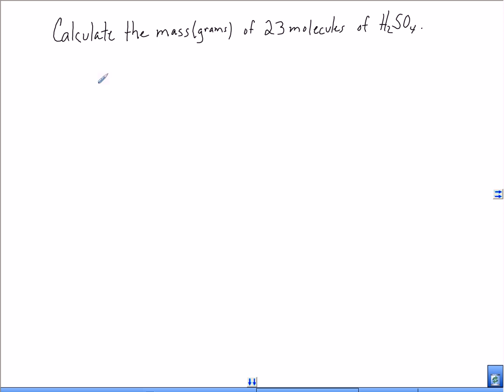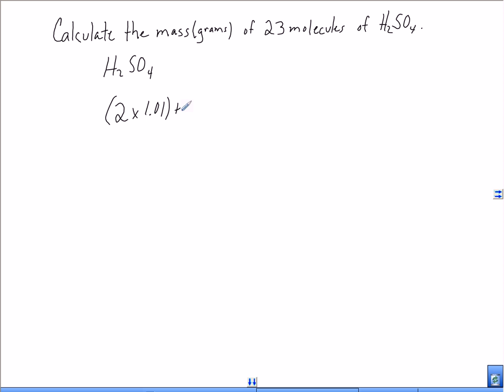Alright, so when we look at H2SO4, we notice, first off, there are no parentheses, so we don't have to worry about doubling up anything or tripling up anything. We see there's two hydrogens, and when I look on the periodic table, I see that each hydrogen is 1.01 grams.